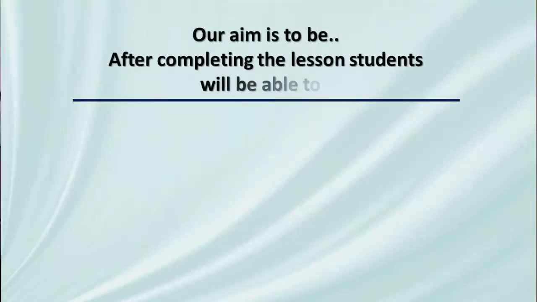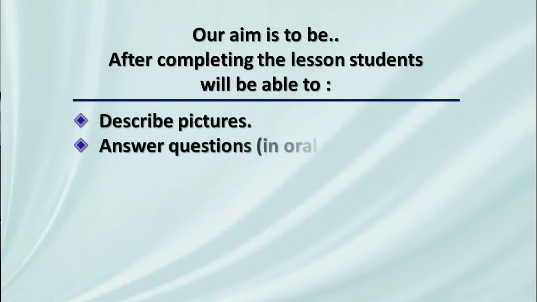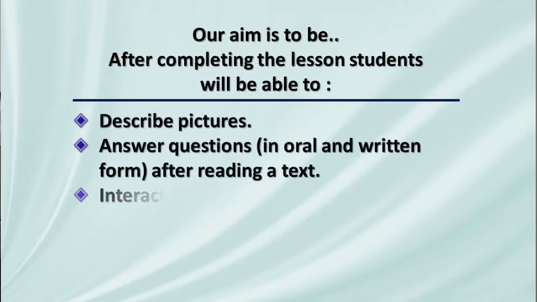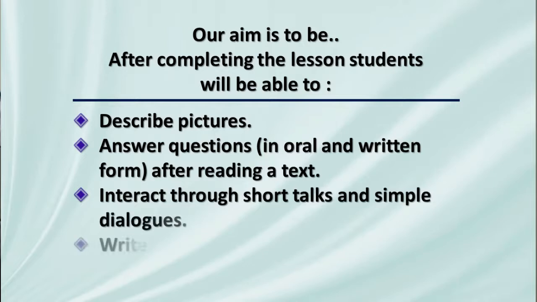Our aim is that after completing the lesson, students will be able to describe pictures, answer questions after reading a text in oral and written form, give instruction through short talks and simple dialogues, and write short compositions.